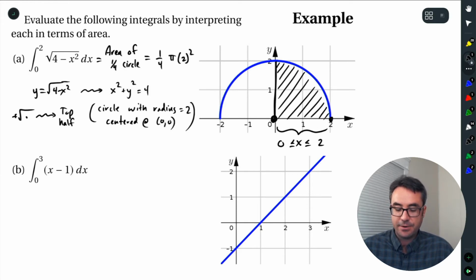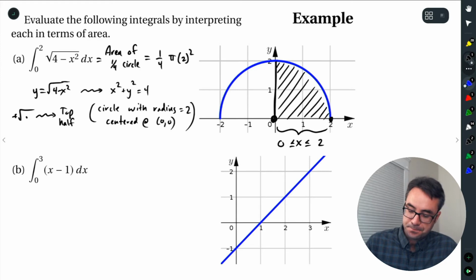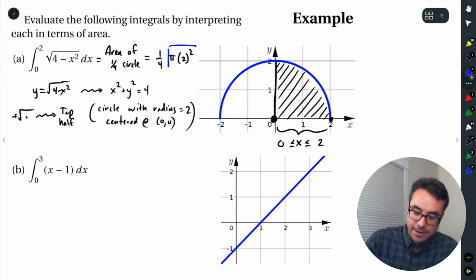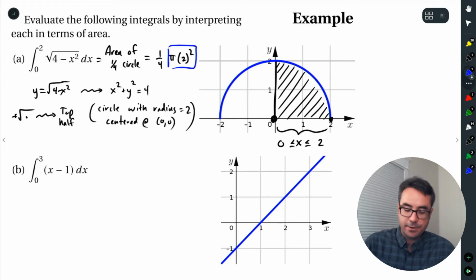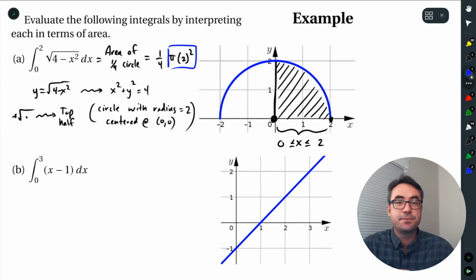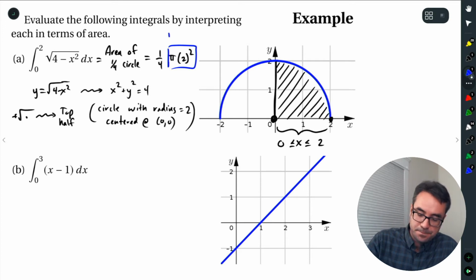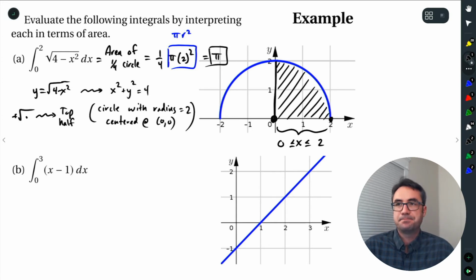So we're just finding that area. The pi r squared here would be the area of the entire circle, and then we're just adjusting by 1/4. And if we do the calculation, this just ends up being pi.